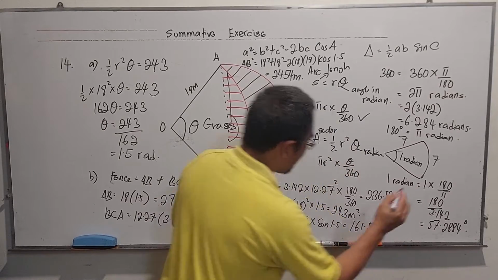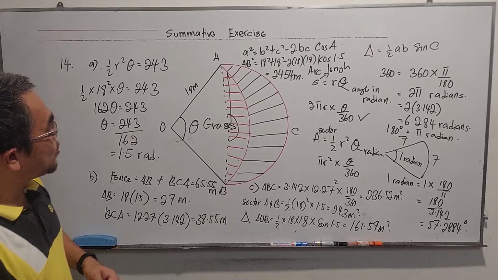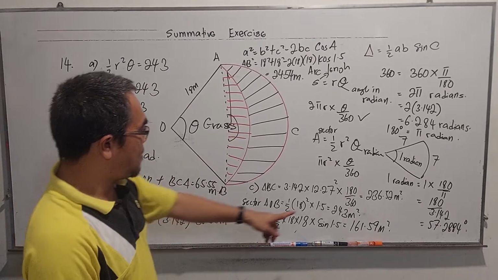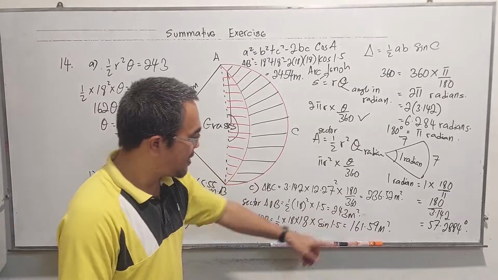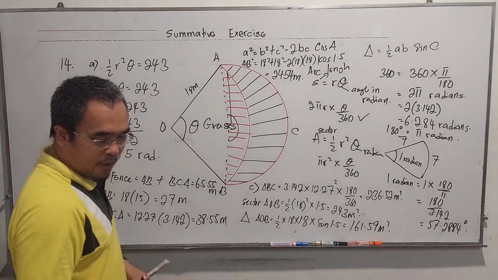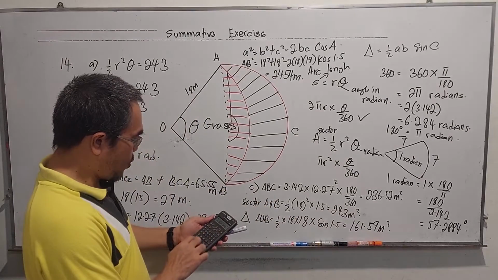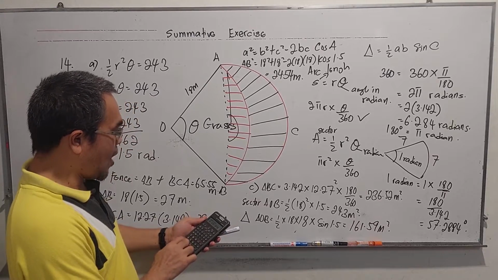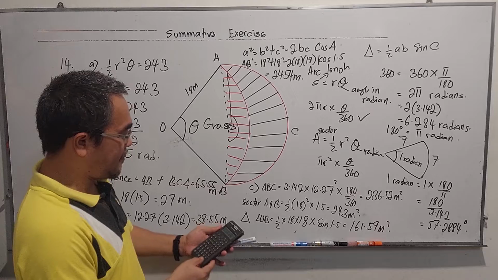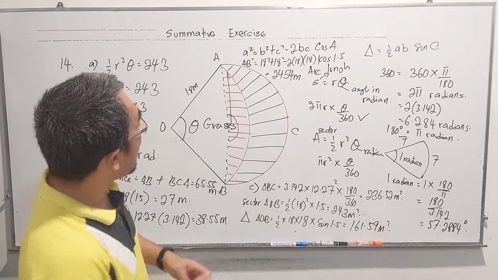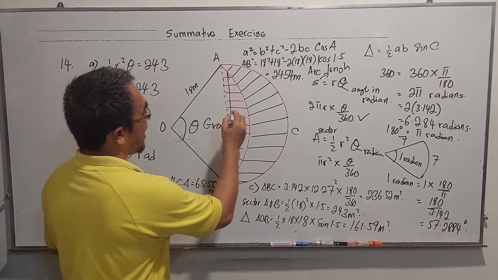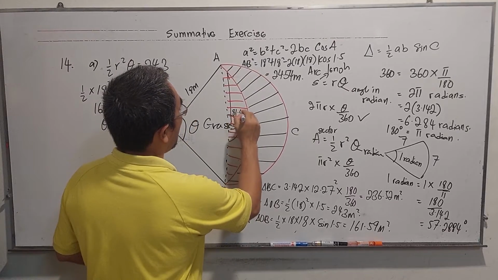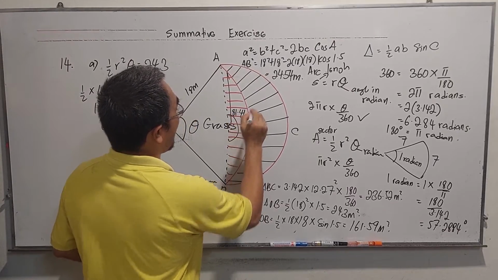Meters squared. So in order to find this part only, first you have to subtract. The red one will be 243 minus 161.59, so you get 81.41 meters squared.